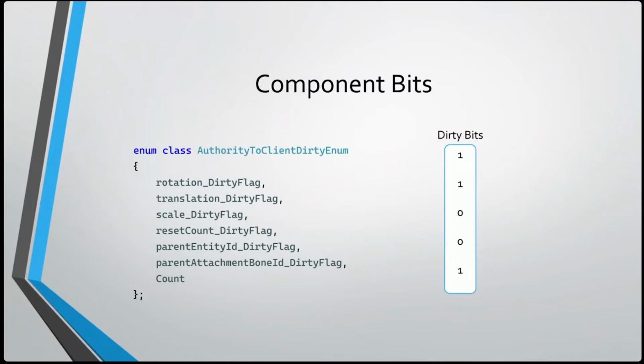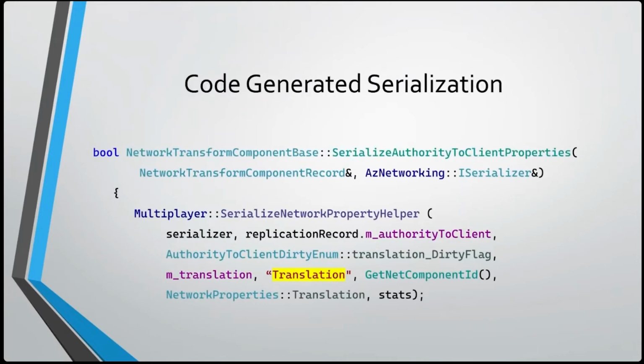So this is where your dirty bits, for example, could be coming in. If you have 11001, that means the first one is rotation changed, translation changed, but maybe skeleton not changed, reset count not changed, but maybe parent ID changed. So for example, when we serialize a value, in this case serializing authority from a server to a client, what we actually do is that we use that enumerator value, Translation_DirtyFlag, alongside, in this case, what you will send to the client.